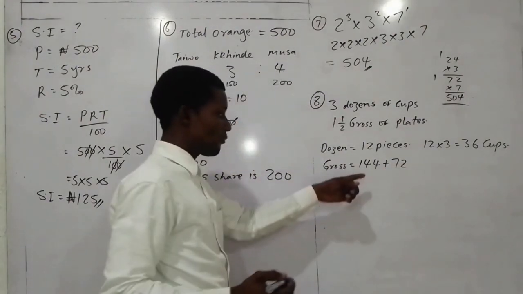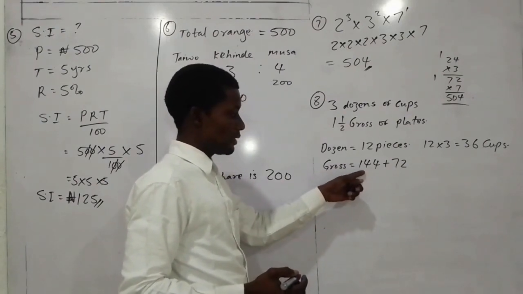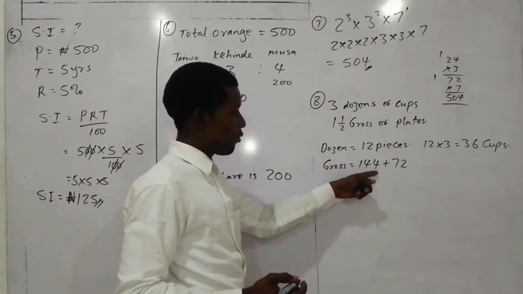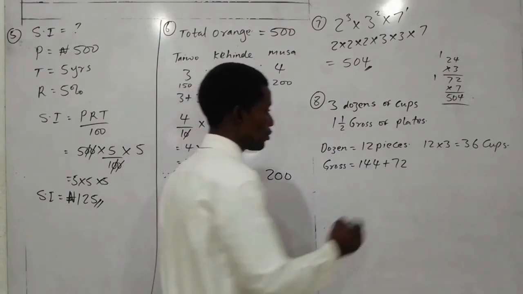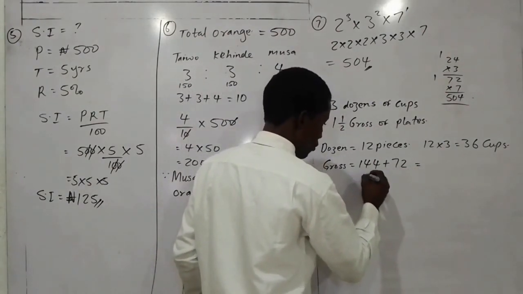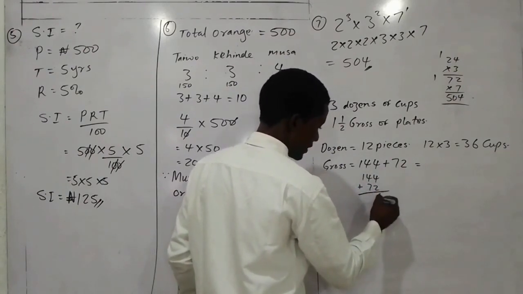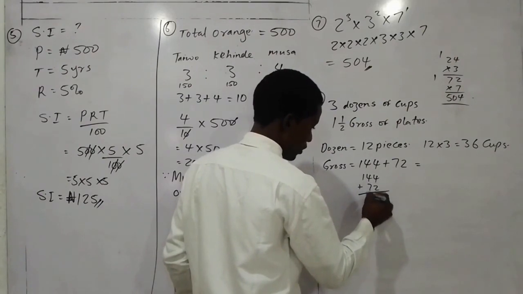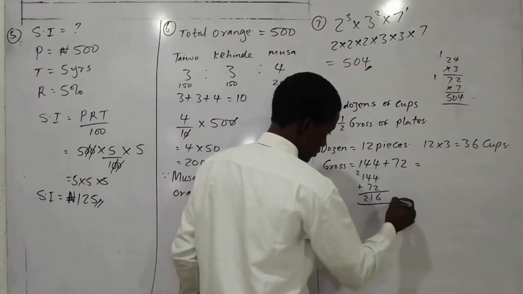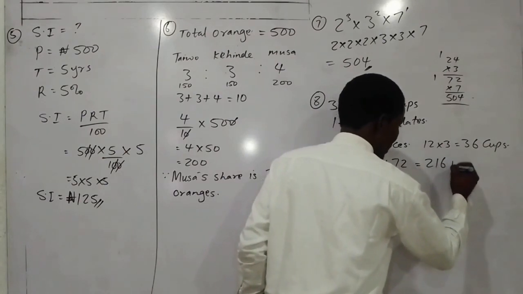Half of 144 is 72. 2 in 14, that's 7. 2 in 4, that's 2. We're having 72. So we add up our 144 plus 72. What will it give us? This is 216 plates.